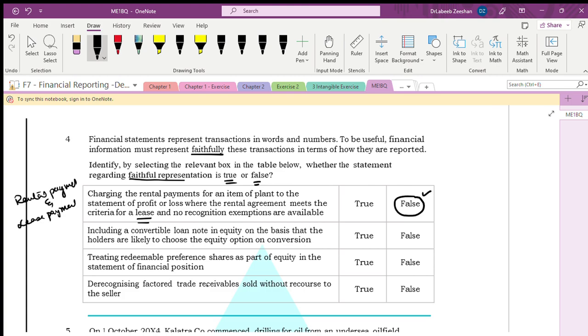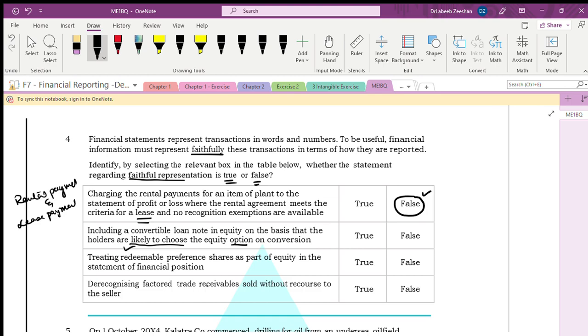This is false. Including a convertible note in equity on the basis that the holders are likely to choose the equity option. See, when you are having a convertible loan note, at the time what will happen is important.